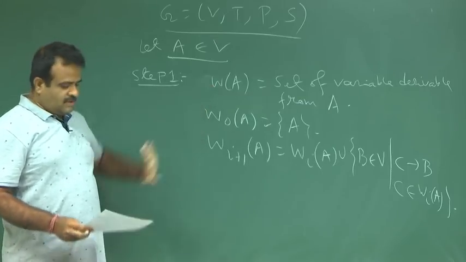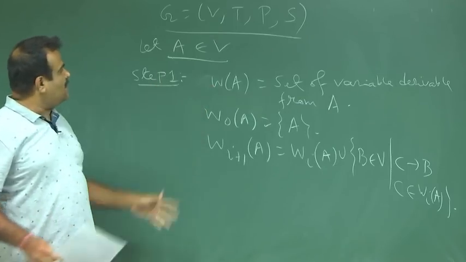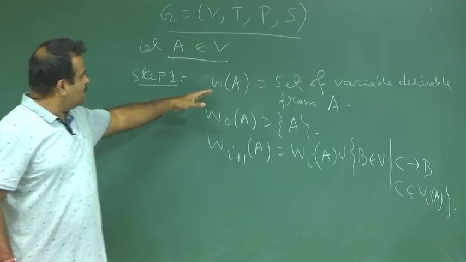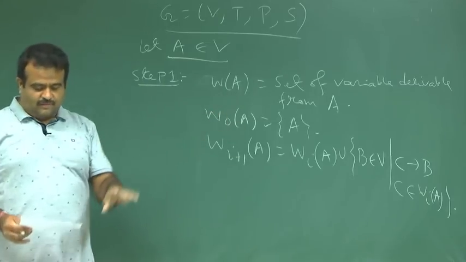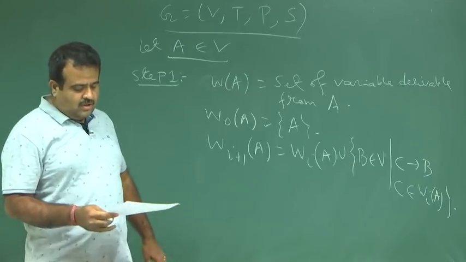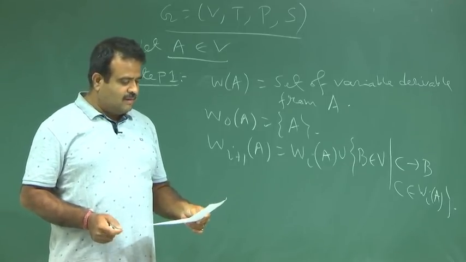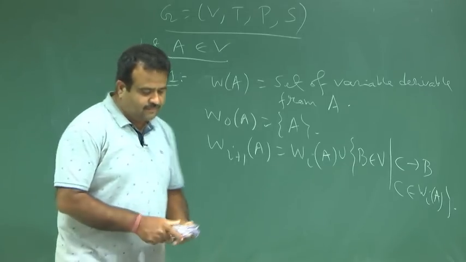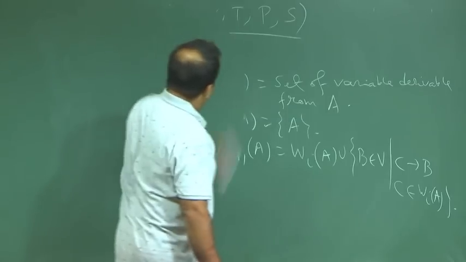So, we will find W(A) for all the variables, and then we will construct the grammar like this. Let us first take an example, then it will be more clear.